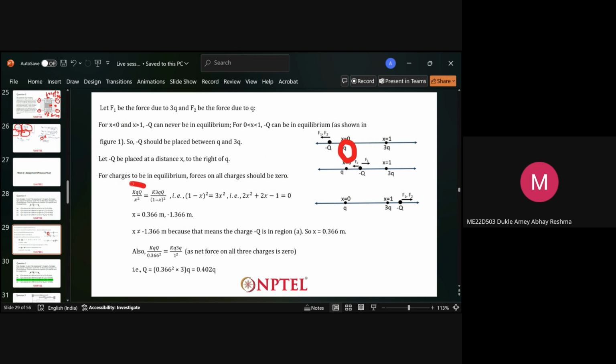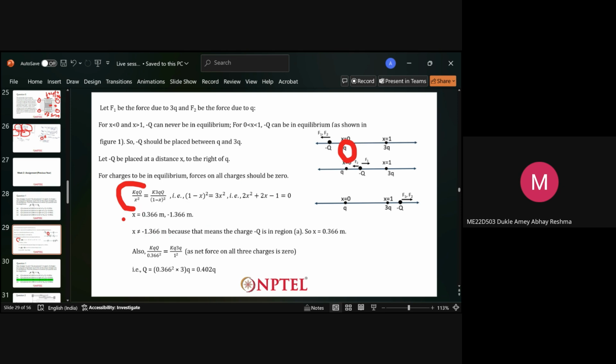So we use the formula of F1. F1 is kq upon x squared, and F2 is equal to k 3q q upon (1 minus x) the whole square. Then by using this equation you get a quadratic equation.